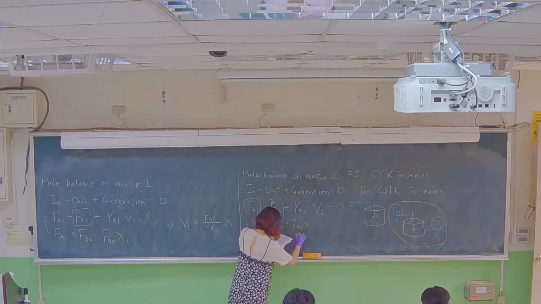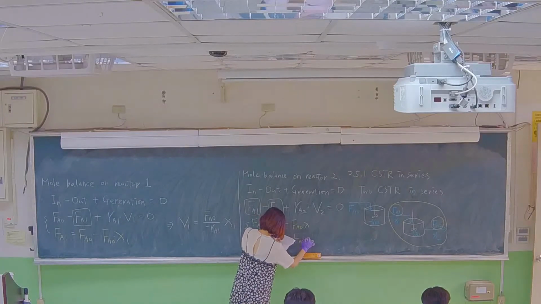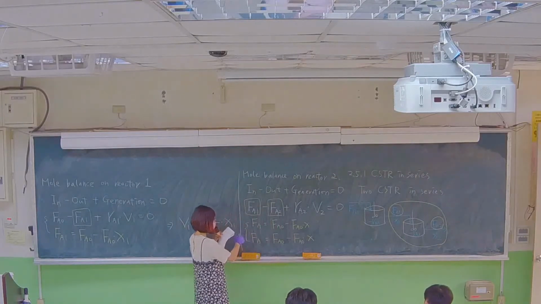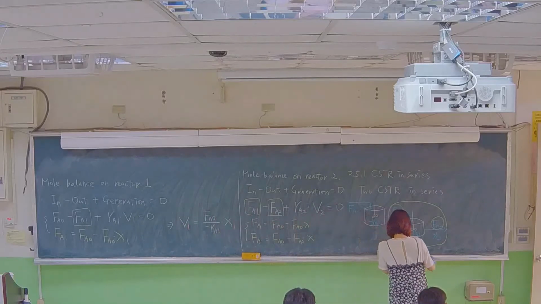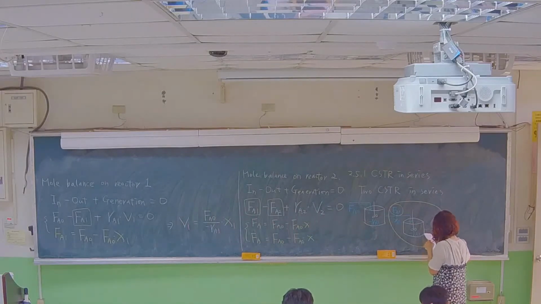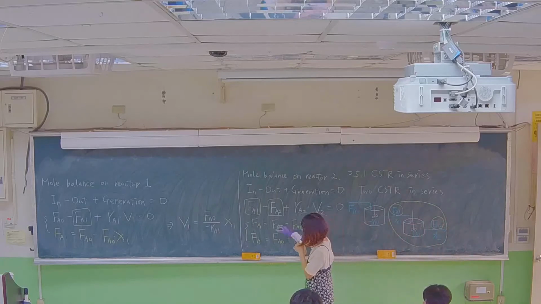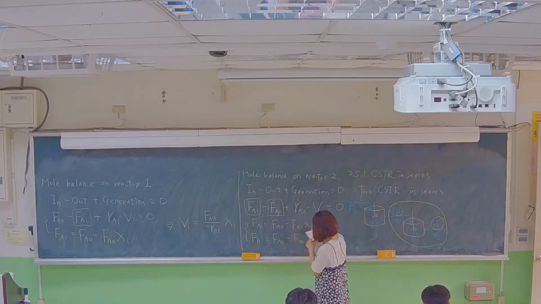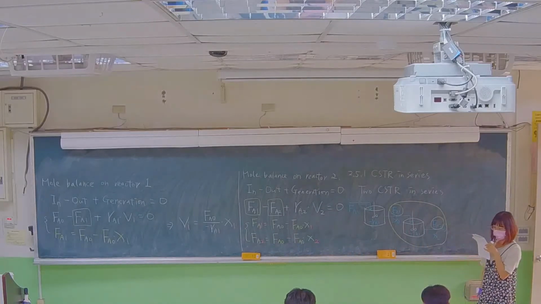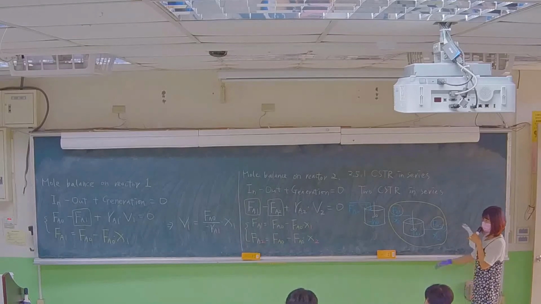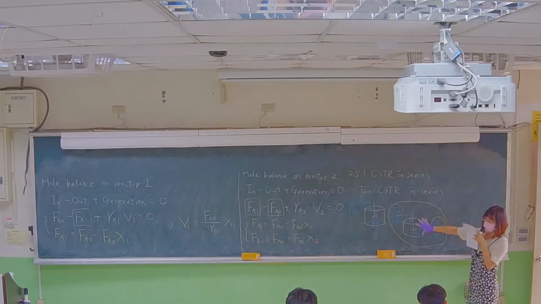This one is from slide 9. From slide 9, the same formula, right? The same formula, but here, you put a 1 and put a 2, okay? Any number you can put. That is the information after reactor I.